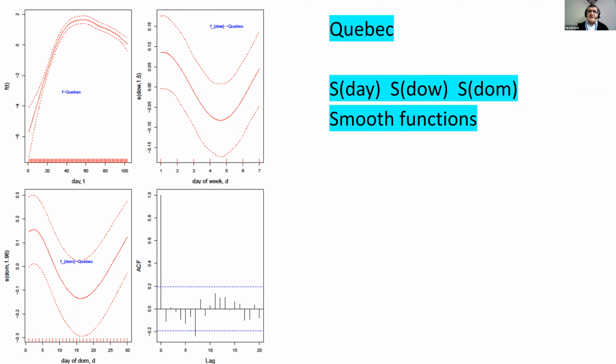This is for day of week, day of month for Quebec. We have one more day of week function on the bottom left, and almost all lags are not significant, but lags 2, 3, 4, 5, 6, 7, 8, and 8 is a little bit significant, which shows that the model is a little bit not fitted well to the data.